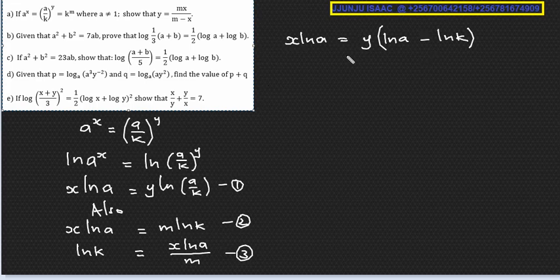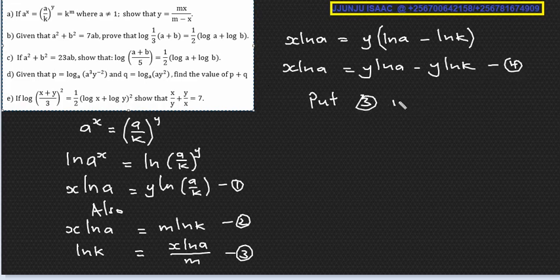So this is going to be x ln a equal to y ln a minus y ln k, which I call equation 4. And by the way, ln k we know, so you can get rid of that ln k. So we shall put 3 into 4.